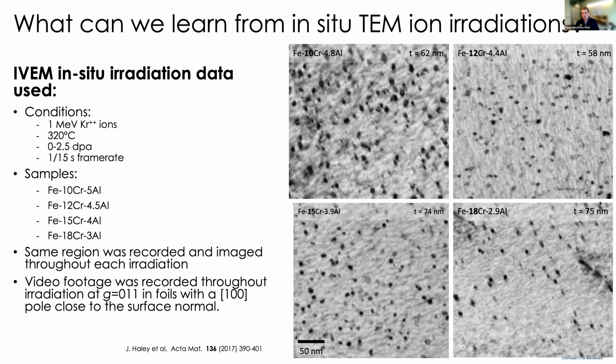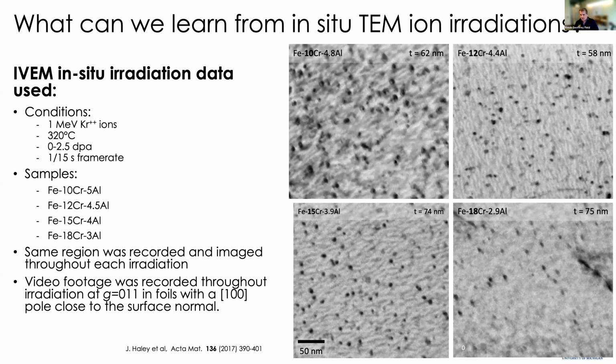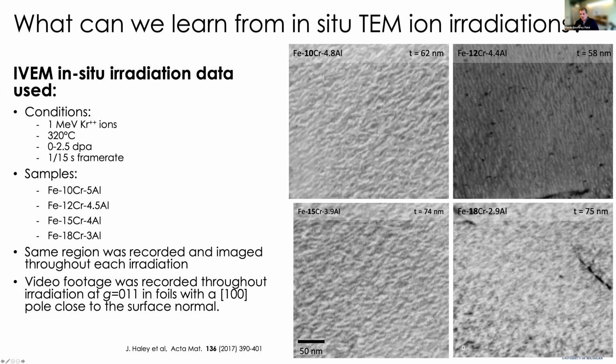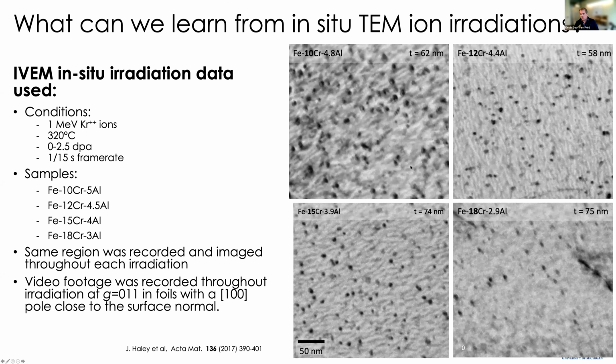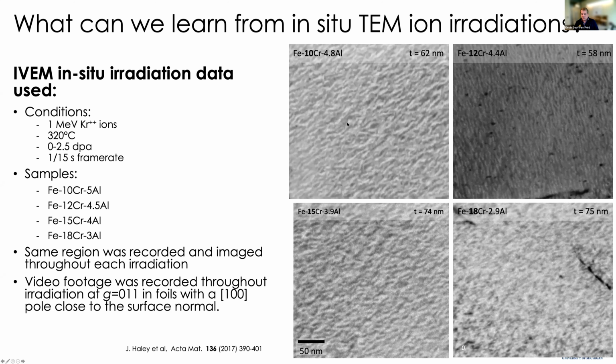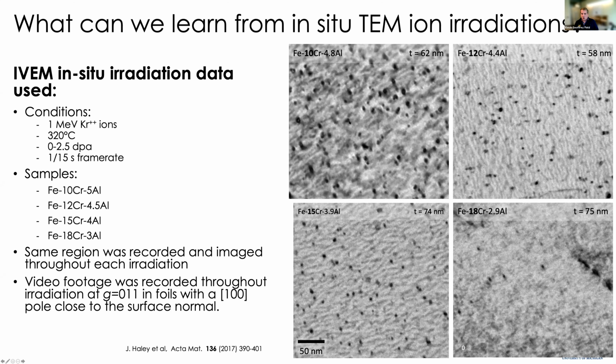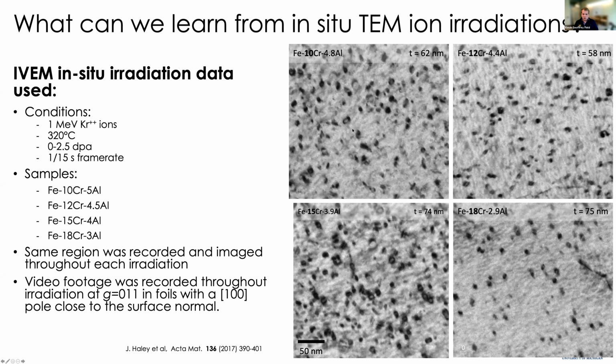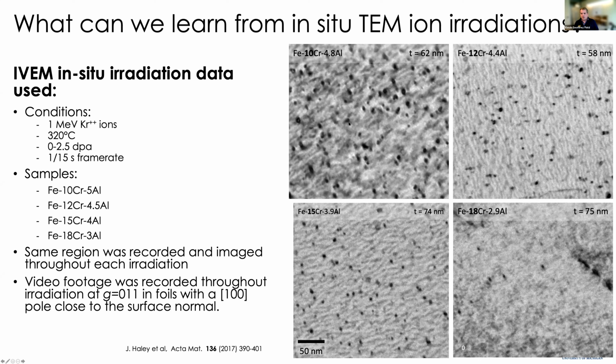And then this here is GIFs of each one showing the production of the defects and the growth. If you look right here in this image, you can see this loop growing, and it eventually gets to the actual loop that's formed, and you can image that in the same region of interest.